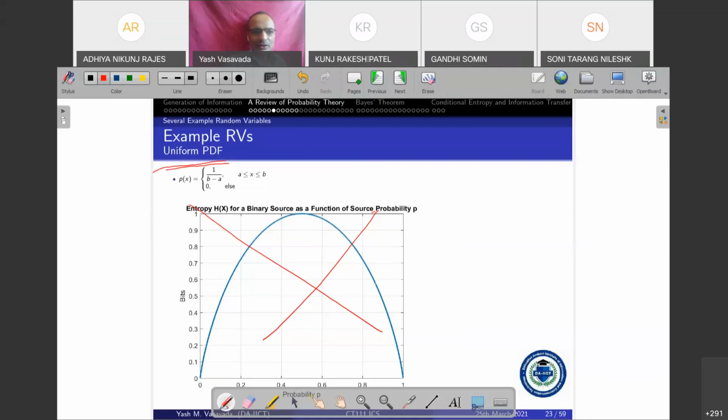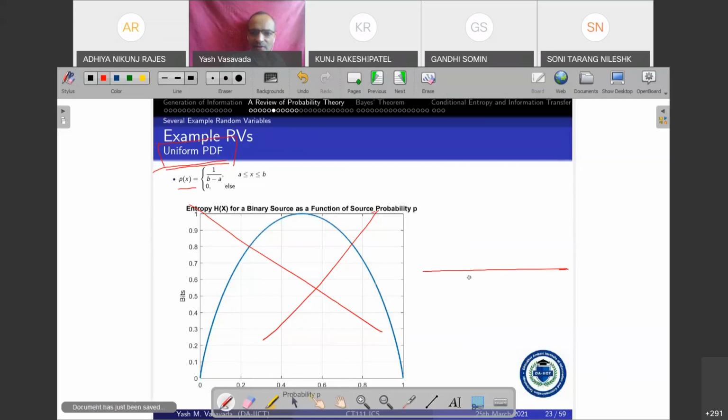So how is the uniform variable defined? It has a PDF given by this formula. Let me try to draw it here.